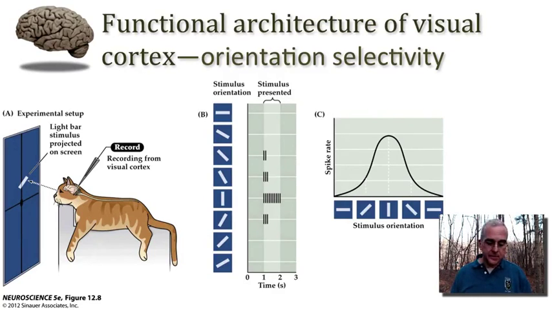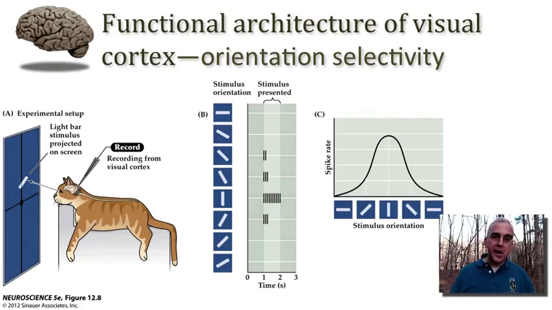Well, this is the kind of experiment that was done by Hubel and Wiesel using cats and young kittens. And an illustration of one such experiment is shown here. We have an animal that's been anesthetized and prepared for surgery, and it's anesthetized to the point where it's feeling no pain, but not so deeply that there's no brain activity at all. Otherwise, of course, that would be incompatible with life.